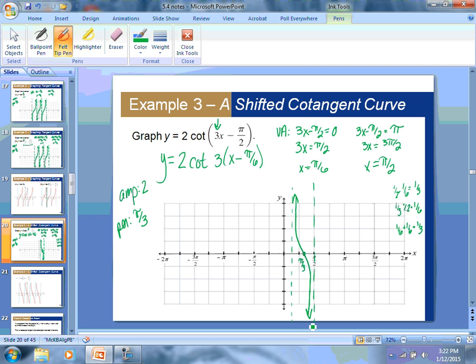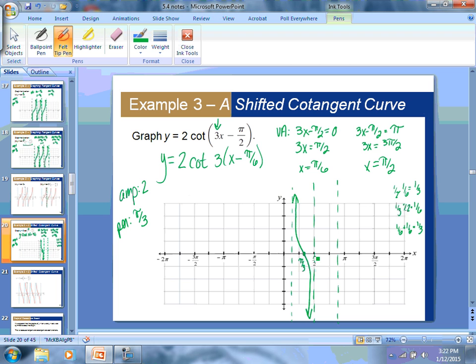And then if I want to draw in another period, my period was pi over 3, so from pi over 2 I'd have to add another pi over 3, so that would be 5 pi over 6. So that would be right about in here. It's between 3 over 4 and 1. And then again, to find my halfway point, I'd have to take 5/6 minus 1/2, and then I'd get 1/3.